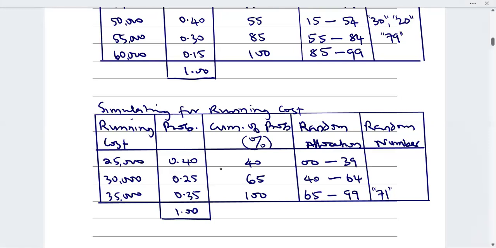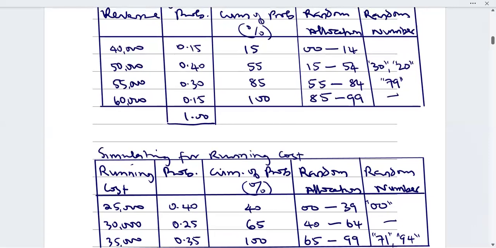Random number 00 will fall on the first row. Here is 00. The last one, 94, will fall here. Again, with this, I've simulated for running costs.